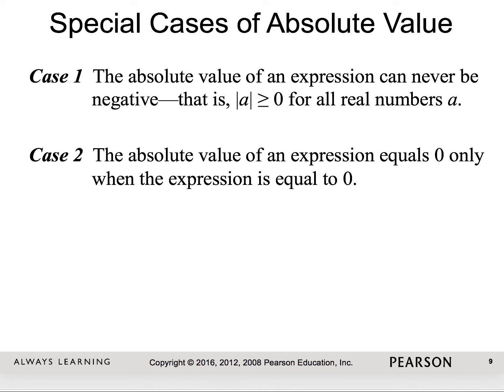If nothing else, oh, it can't be negative. You're right, it can't be negative. So I have to pay attention. Once I isolate that absolute value bar, I cannot let it equal a negative number. And if it equals 0, I have to think about that too.